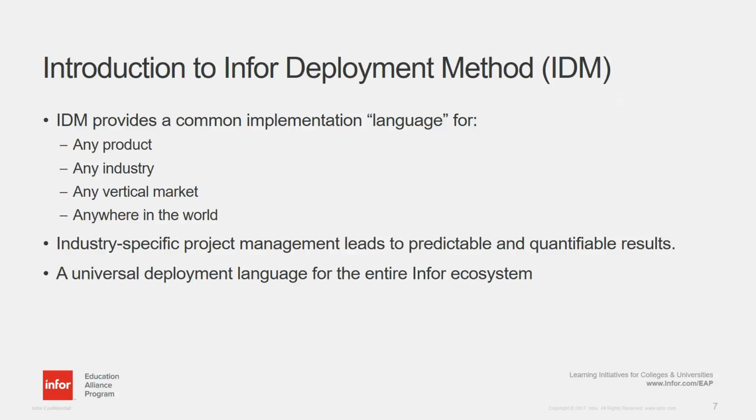Dentists, the same thing. Industry-specific project management gives you predictable and quantifiable results, again, because you have reduced the need for customization. You have a universal deployment language for the entire Infor ecosystem, which means that the deployment language is specific to an industry, and it is bundled into the project itself.